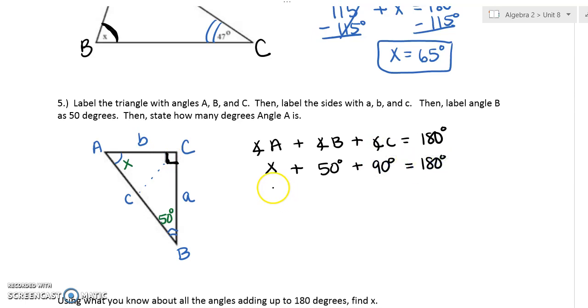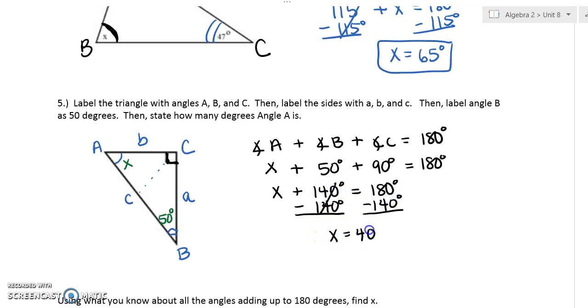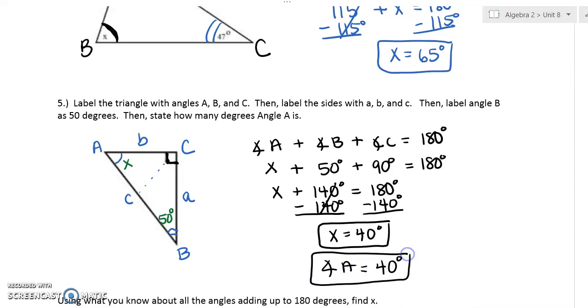So now we're going to go ahead and add these two angles. 50 plus 90 is 140 degrees, equals 180 degrees. And then if we subtract 140 to the other side, we're going to get x equals 40 degrees. And that's our answer for angle A. So I'm going to write angle A equals 40 degrees.